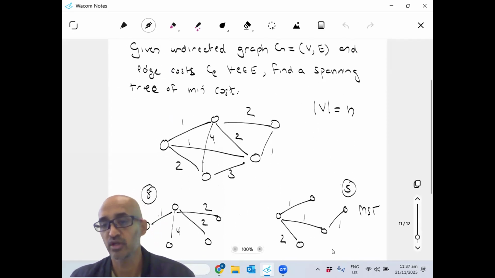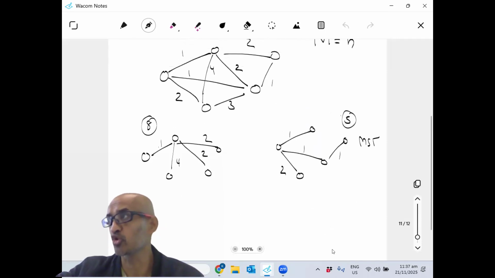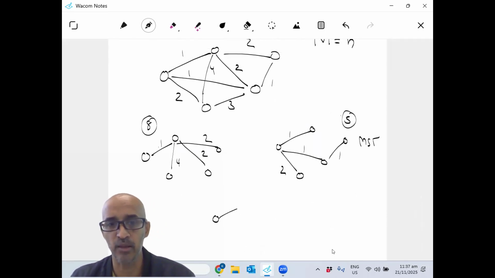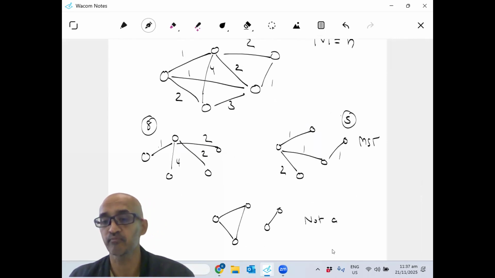If you only have those two constraints, the binary variables and the fact that they add up to n minus 1, I could have chosen, for example, a solution like this, which is clearly not a spanning tree.